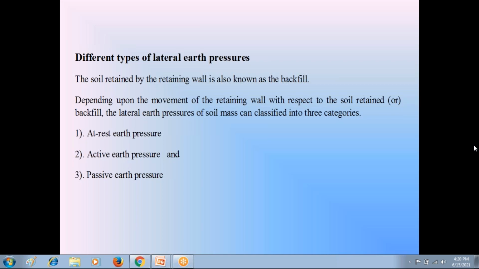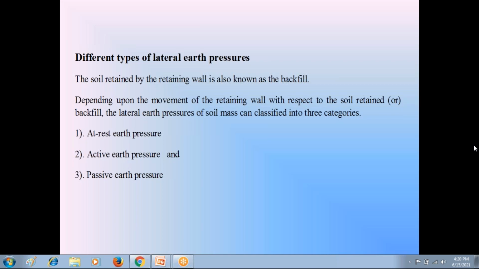If the retaining wall supports a large soil mass on the backside, definitely the retaining wall may have a few millimeters of movement in the forward direction. So by observing the volume of soil supported by the retaining wall in the design, we can consider whether the retaining wall is moving in the forward or backward direction. That is as per the knowledge of the civil engineer.